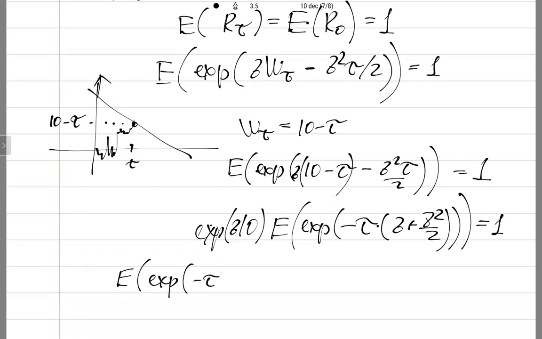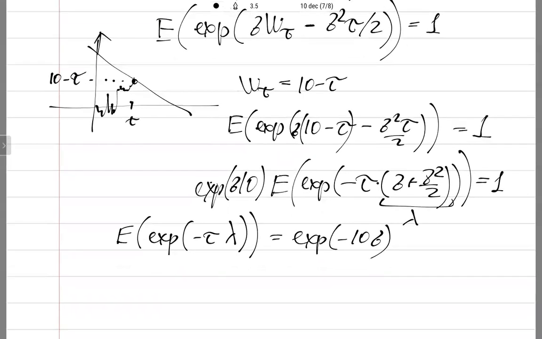The expected value of exponent minus, so I will put lambda instead of this guy, is exponent minus 10 sigma.